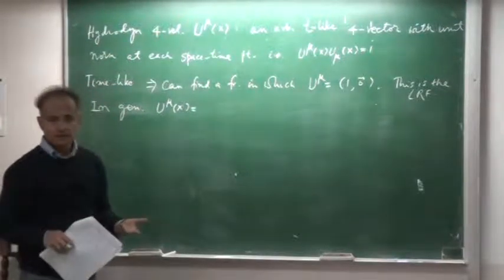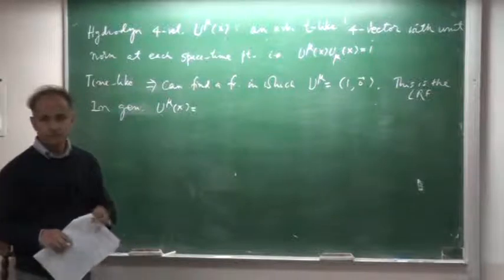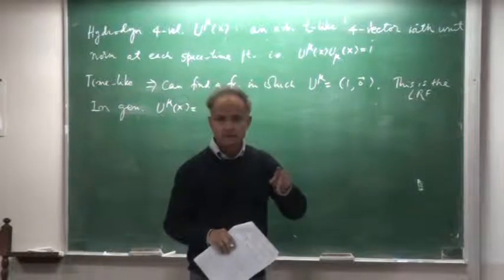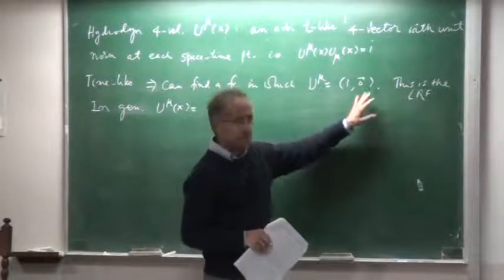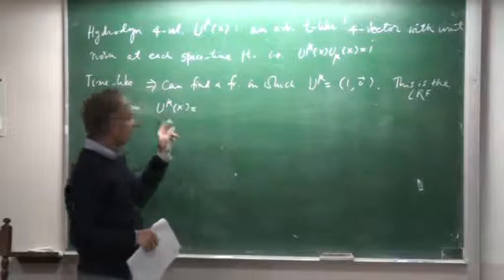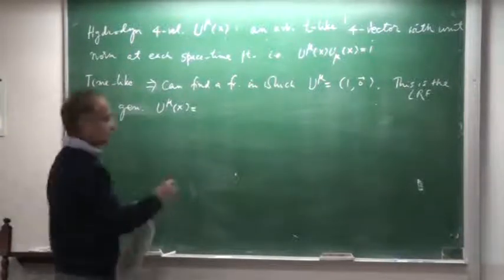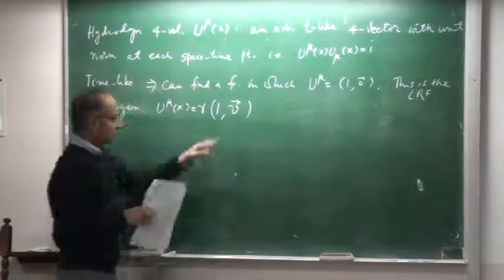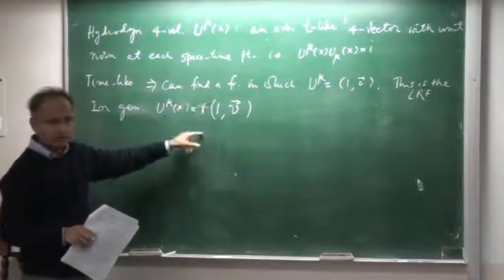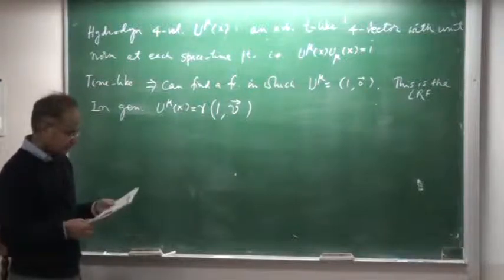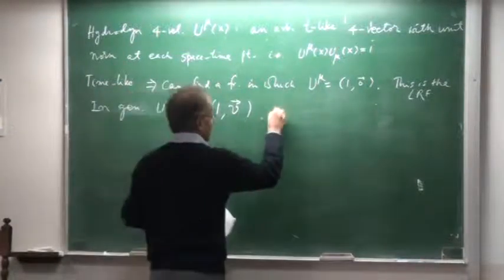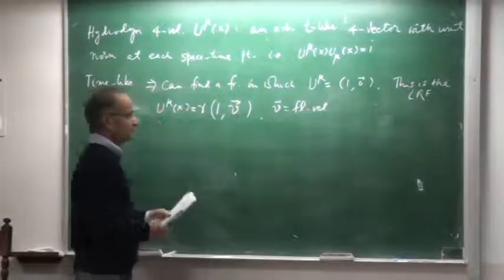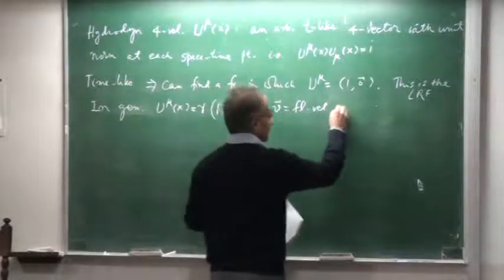Just try to make a Lorentz transformation to whatever frame you want to go to. Suppose you want to go to a frame which is moving with velocity v, free velocity v, with respect to this frame. Then in that frame, what will it be? It will be gamma 1, and this also has the same norm, where v is the free velocity.